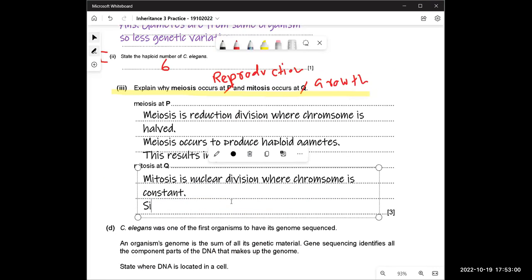Since growth is taking place, cells must be genetically identical. Chromosome number remains diploid.